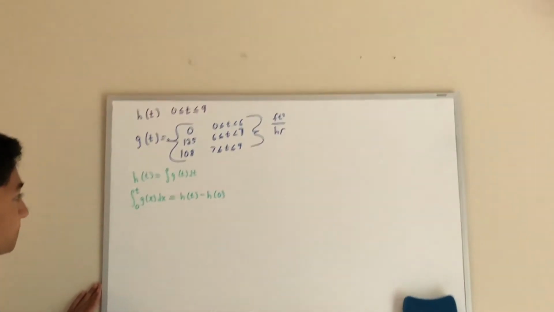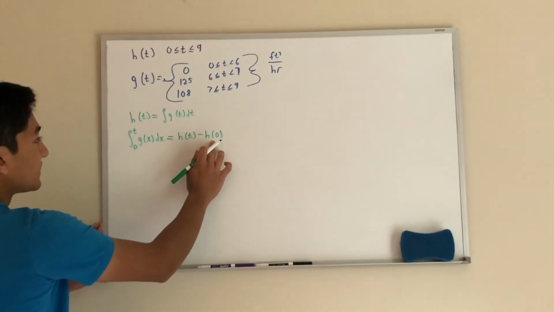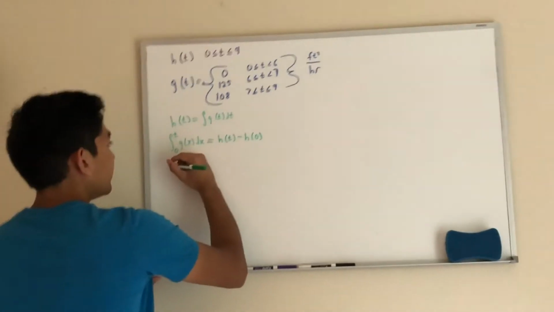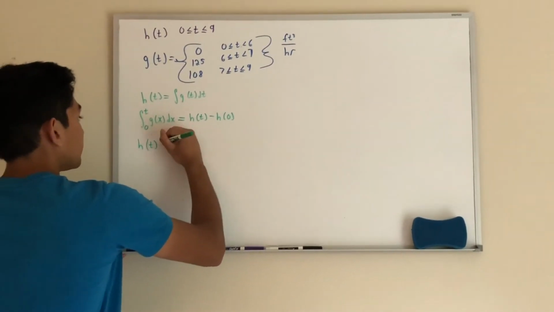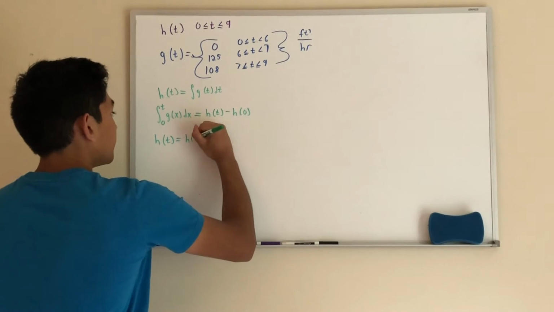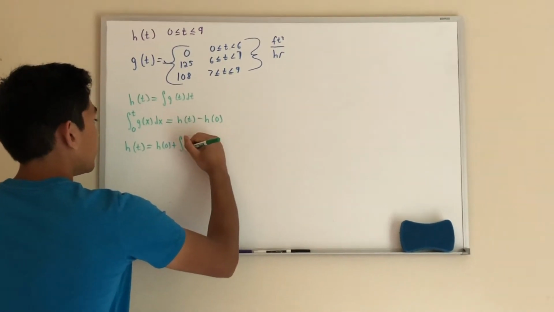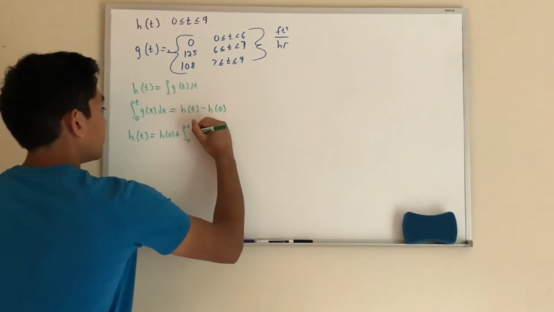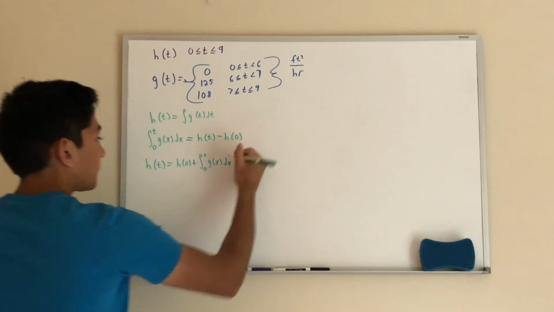And then if we want to solve for h of t, we can move this to the other side by adding h of 0 to both sides. So we get that h of t is equal to h of 0 plus the integral from 0 to t of g of x dx.